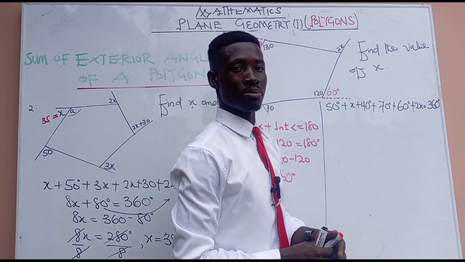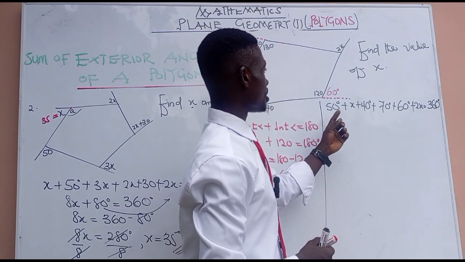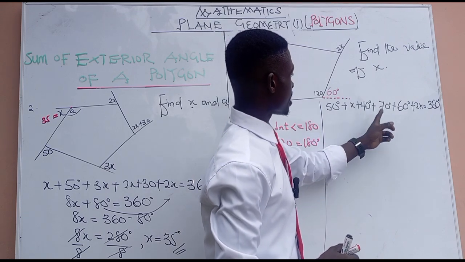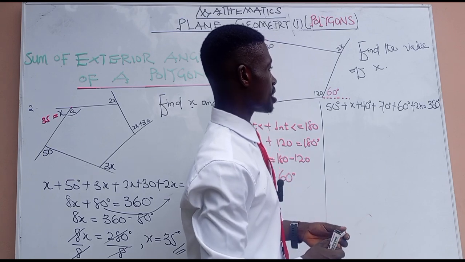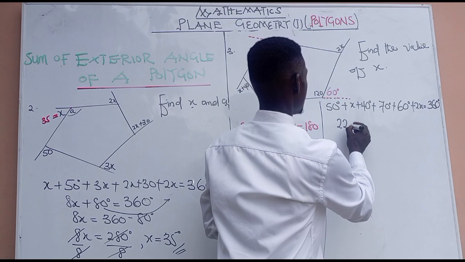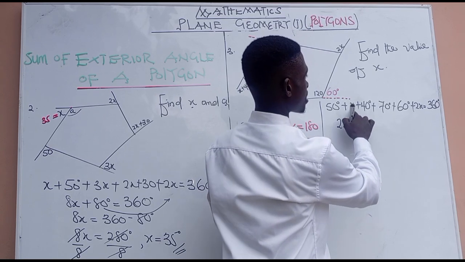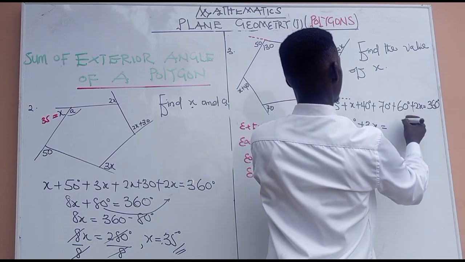So the rest is algebra. We are just going to group the like terms and then add them together. Now 50 plus 40, 90. So we have 220 degrees plus x plus 2x. We have 3x equal to 360.